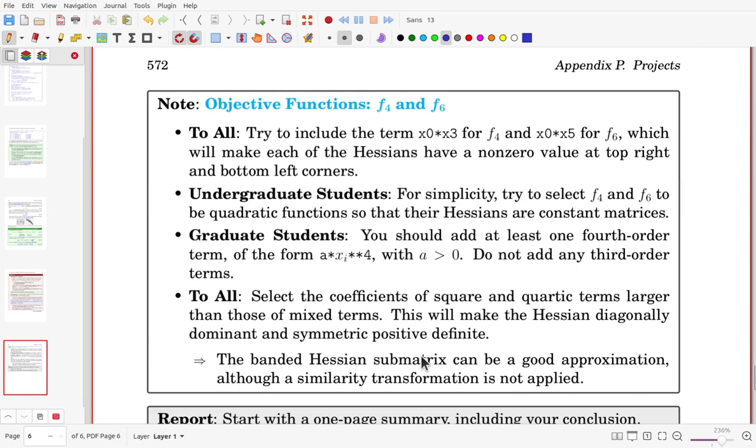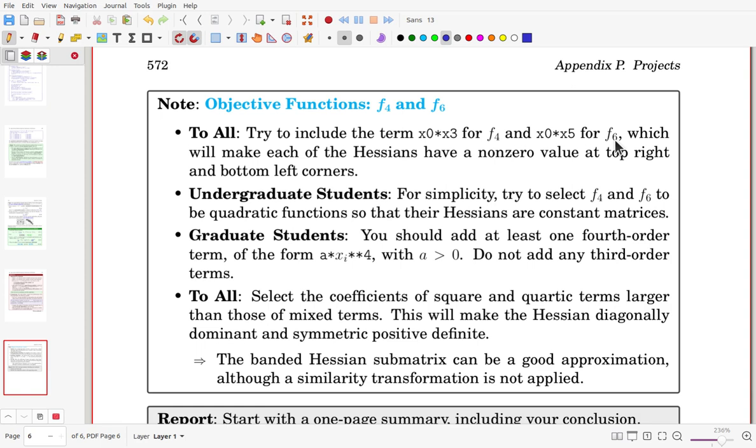Okay, here is a note. Along with this note, I'll give you some hints and requirements to all of you. Try to include the term x0 times x3 for the 4-dimensional problem, and x0 times x5 for the 6-variable problem.